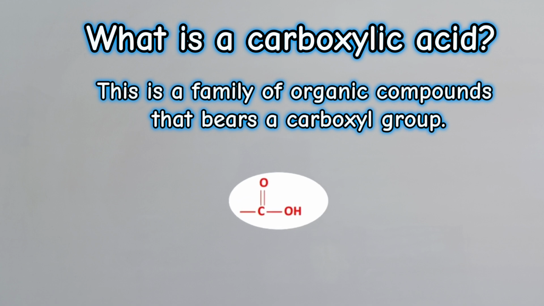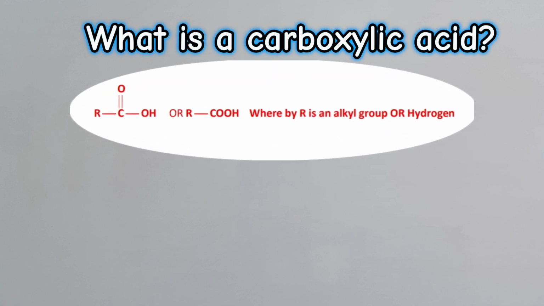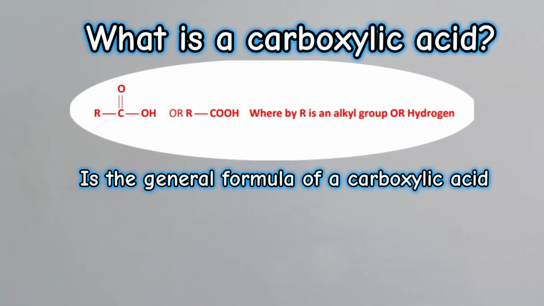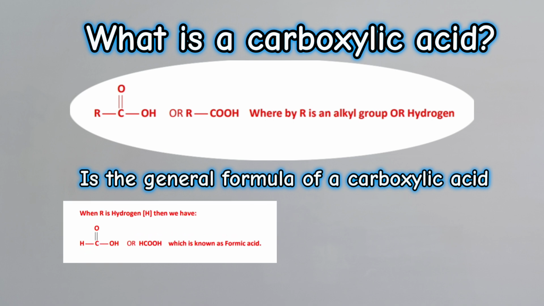Mind you, the carboxylic group has been displayed. Now, the general formula of a carboxylic acid is also as displayed there. Based on the general formula, when R is hydrogen, then we have the carboxylic acid displayed there, which is commonly known as formic acid.